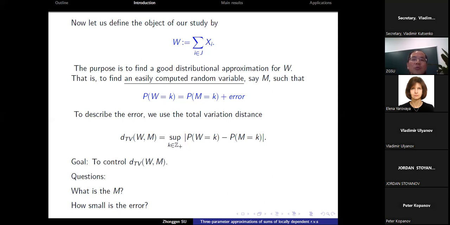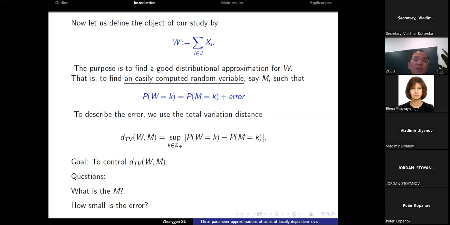Denote by W the sum of Xi over G. Our purpose is to find a good distributional approximation for W. That is to say, find easily computed random variables M such that the probability of W equals k can be approximated by the probability of M equals k plus some error.